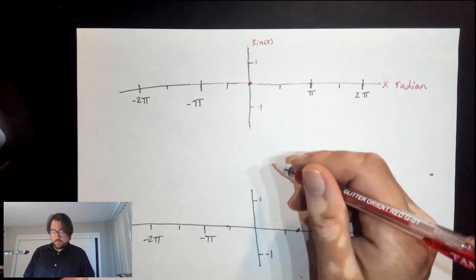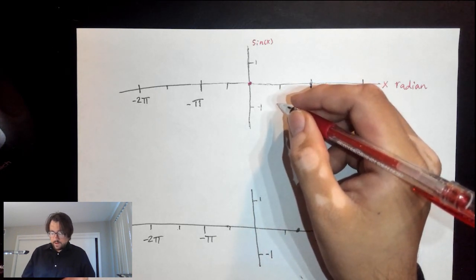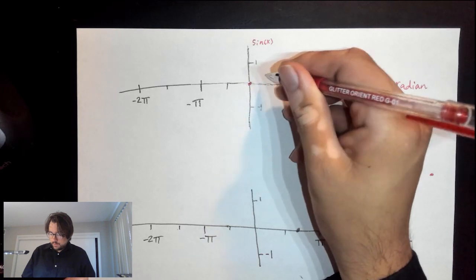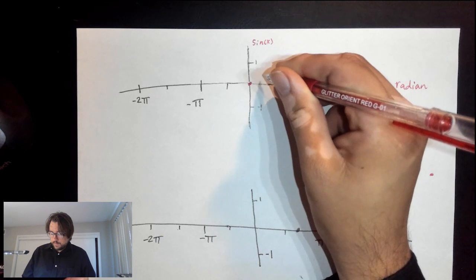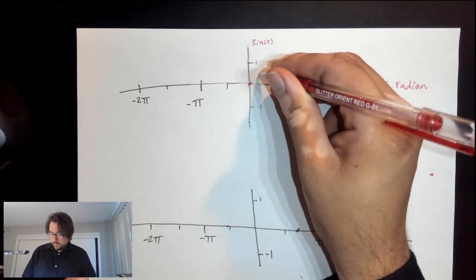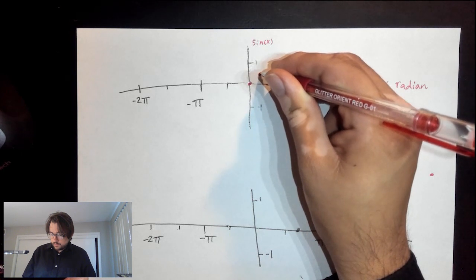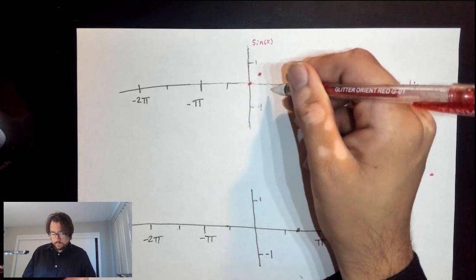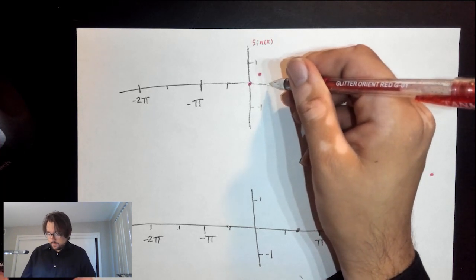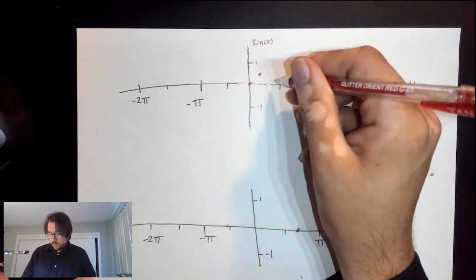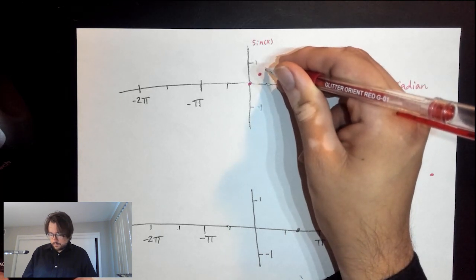The sine of pi over 6 is going to be 1/2. So pi over 6 would be between 0 and pi over 2, right here, and 1/2 would be right there. The sine of pi over 4, which is exactly halfway between 0 and pi over 2, is square root of 2 over 2, so that's a bit higher.